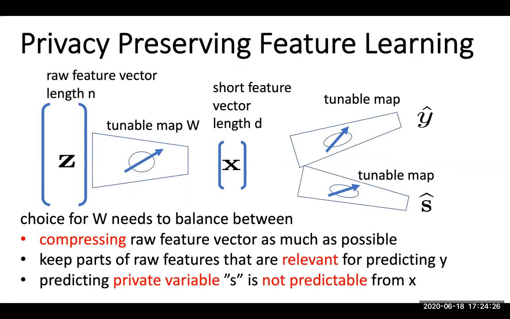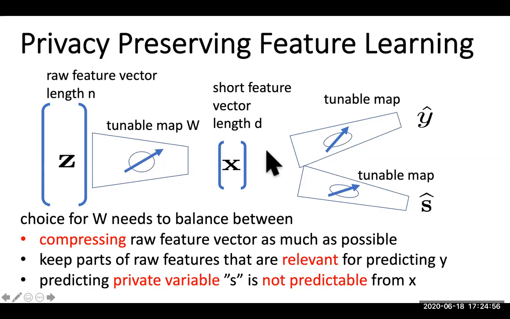Besides allowing us to visualize data as scatter plots and also to help avoid overfitting, which is likely to happen if we use too many features, another use of feature learning methods is to ensure privacy preserving machine learning. So here we use a compression map W to serve 2 purposes.